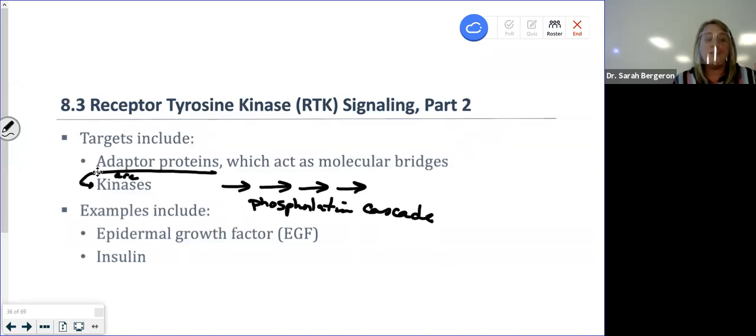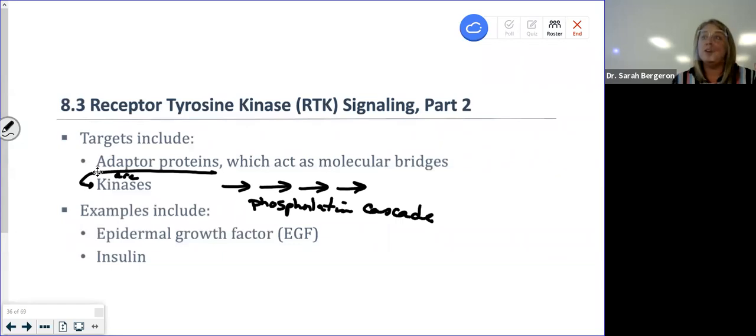So for example, if you mutate the receptor and it is always on, what do you think you're going to have? Growth, right? What do we call that when it's continuing and it spreads? We call that cancer. So mutations that turn the EGFR on lead to cancer.